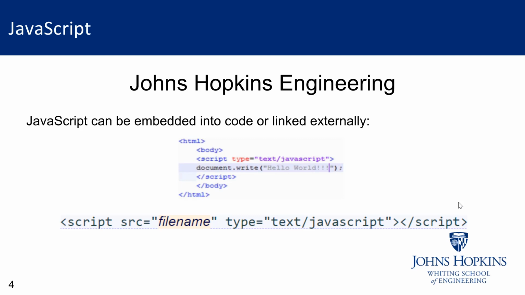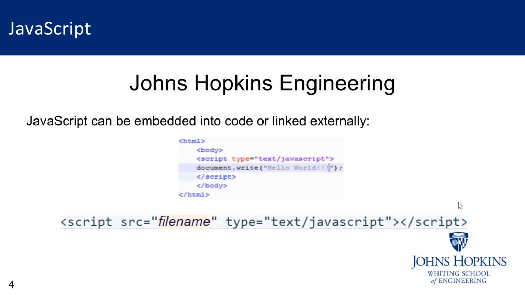Your browser is going to go out and fetch this web page and download the HTML complete with the JavaScript embedded inside of it. When it renders the HTML page in your browser, it's going to see that script tag and use its JavaScript interpreter to execute what's in between those script tags.